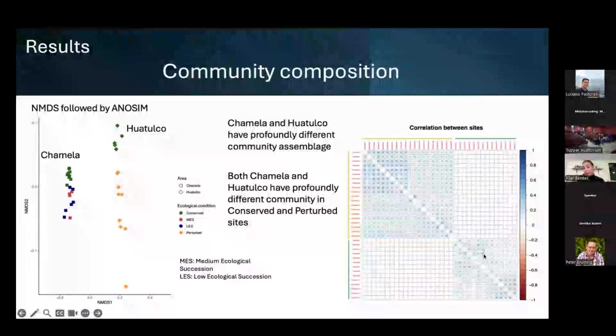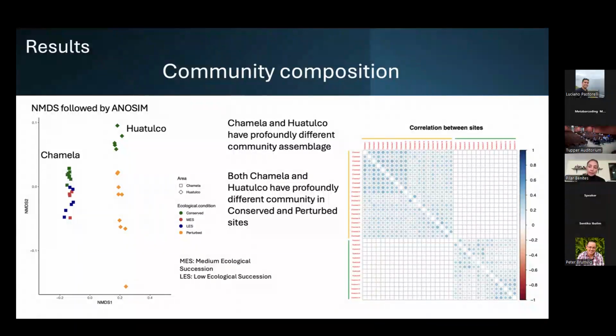And also, when we look at them as a correlation between sites, we see a structure between the two areas. And also, there's a considerable turnover because we couldn't find a correlation larger than 0.5 between any of the sites.